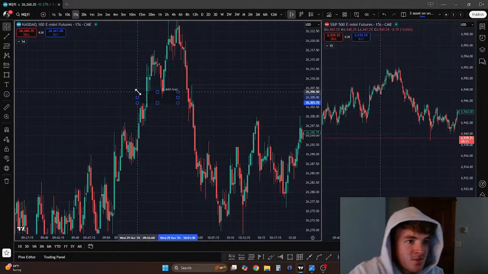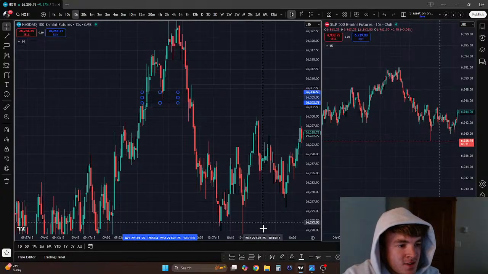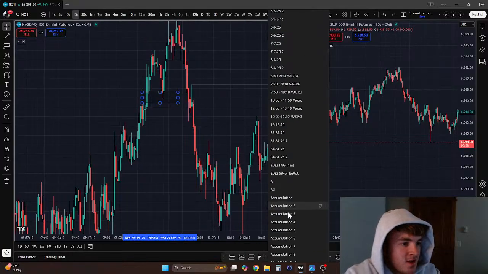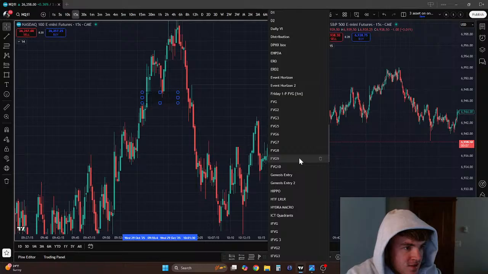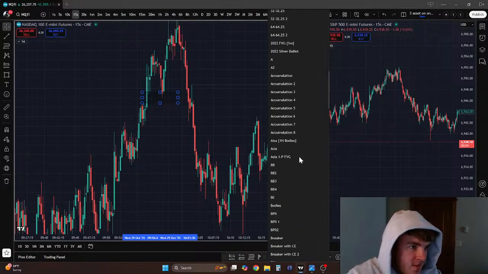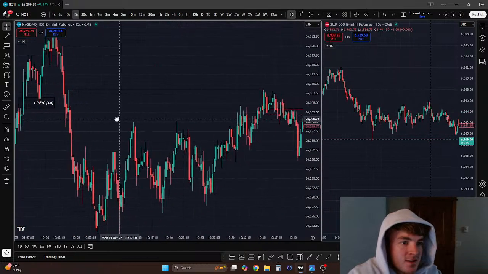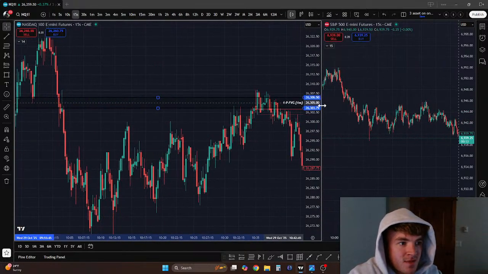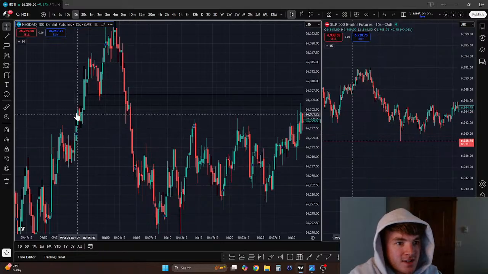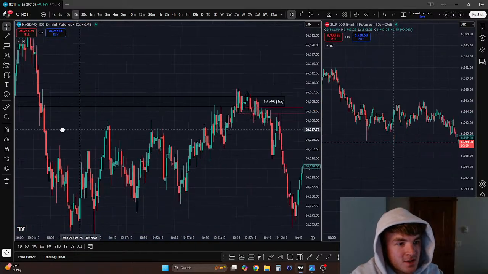So once again, this is why you just have to observe markets as much as possible, and then eventually it starts to click. So I would have entered on the 15-second order block, and it's not your typical change in state, and that's okay. I mean, that actually is a typical change in state. All order blocks are change in states, remember.